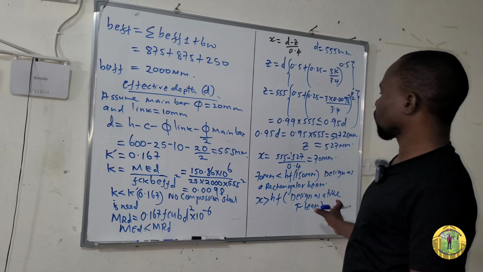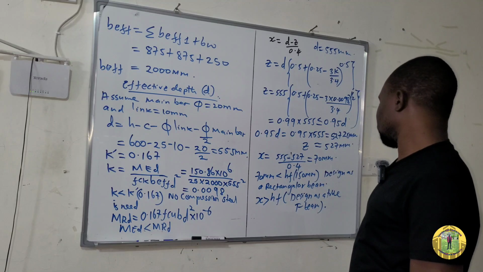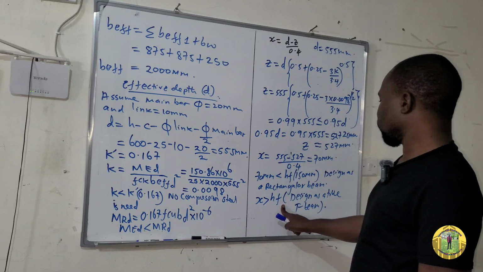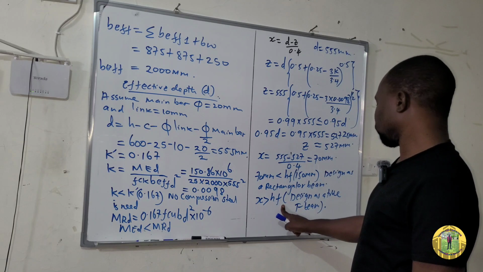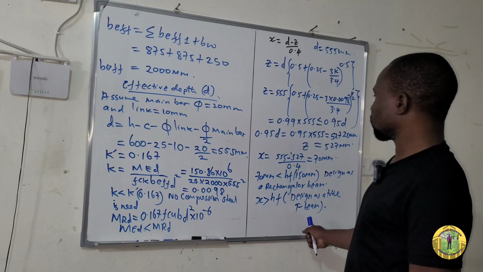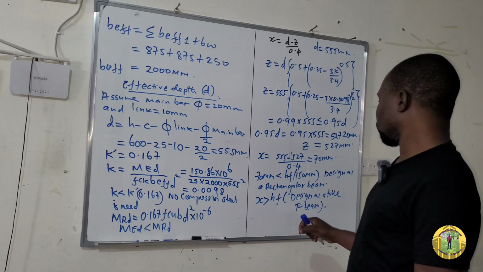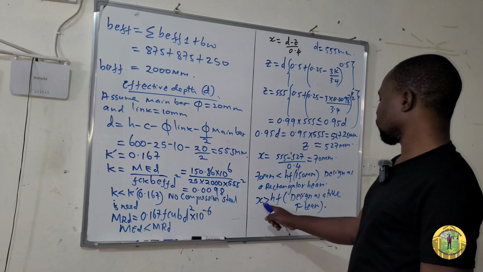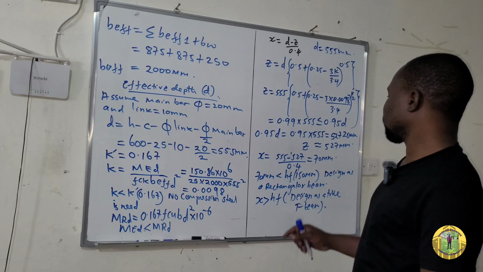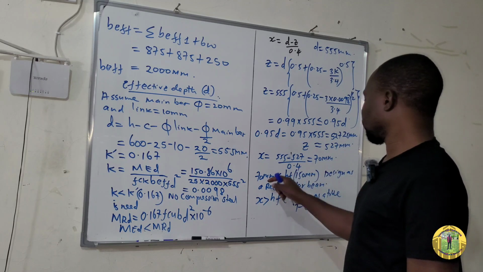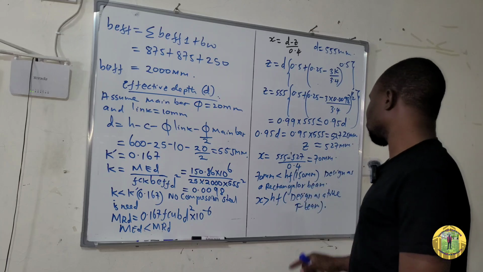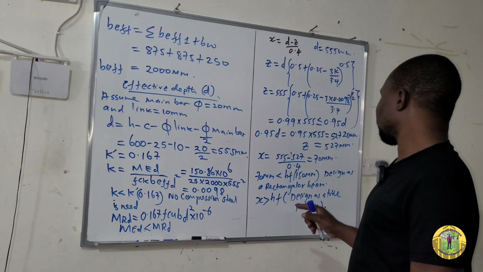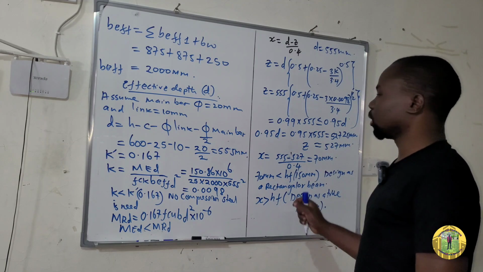Remember, it is important to check where the neutral axis is falling, because for X greater than HF, the neutral axis is in the web, and therefore you will design as a true T-beam, and the formulas for area of steel in compression and tension will change. But since in our case 70 millimeters, which is X, is less than HF, which is 150, we are going to design as a rectangular beam, or we design as a T-beam, but not a true T-beam.